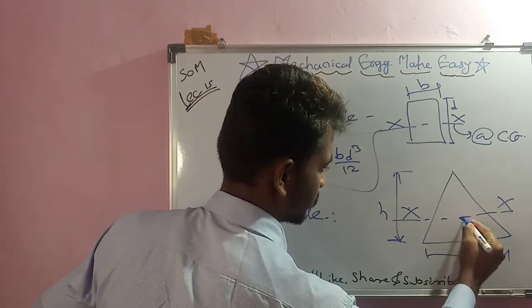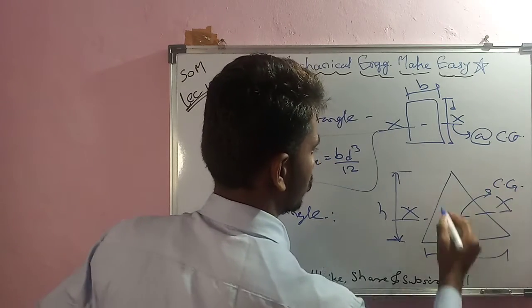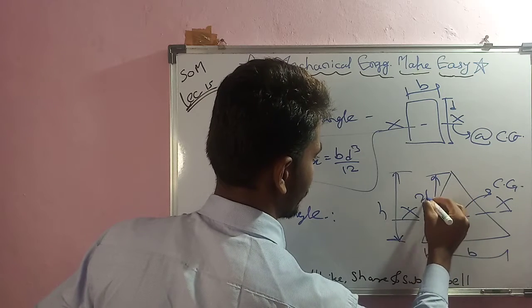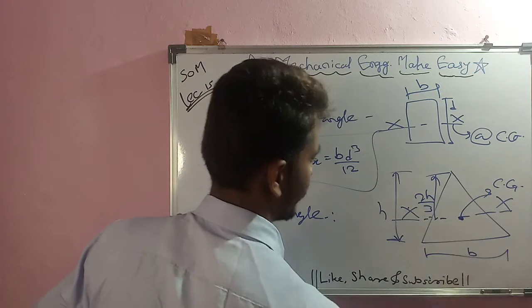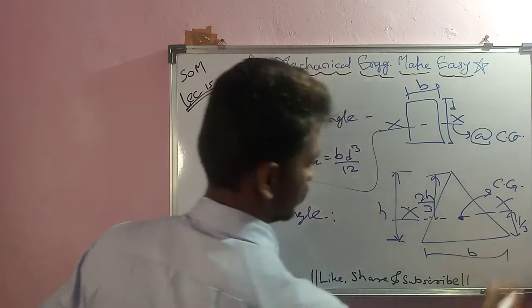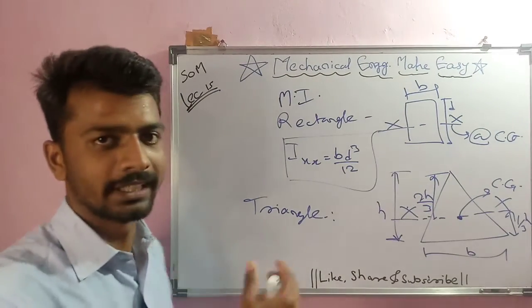That CG will be somewhere here, and from the top, that CG will be at 2 by 3 H, and from the bottom that will be 1 by 3 of H. This is the location of the CG in case of a triangle.